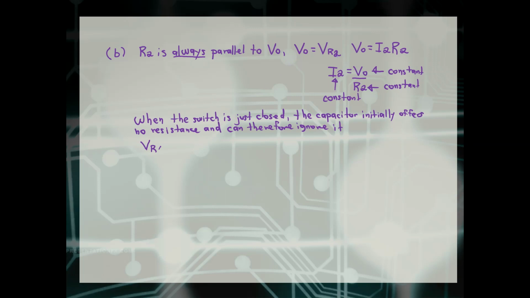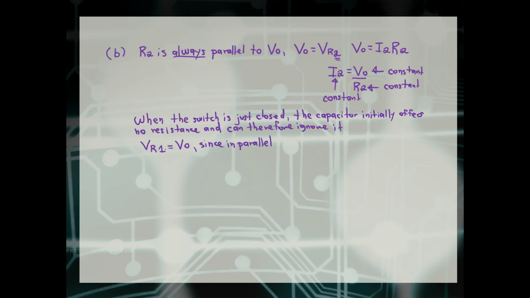Let me just quickly fix that up there. Okay, so then we have VR1 would be equal to the battery voltage, since they're in parallel, and they're in parallel because they have the same voltage.